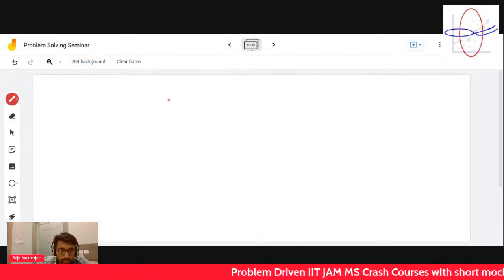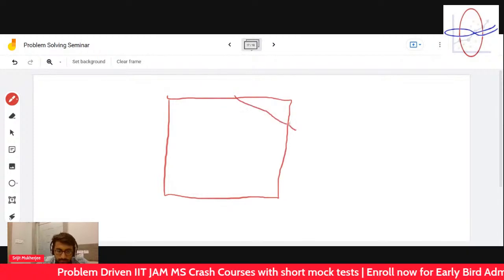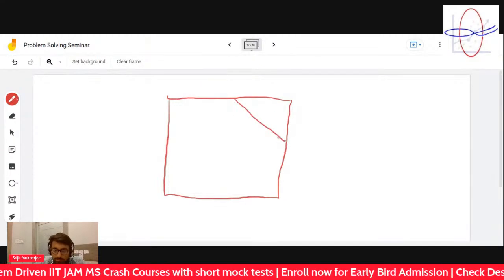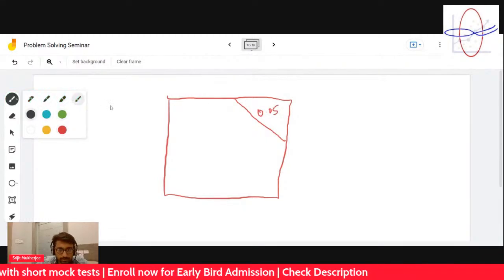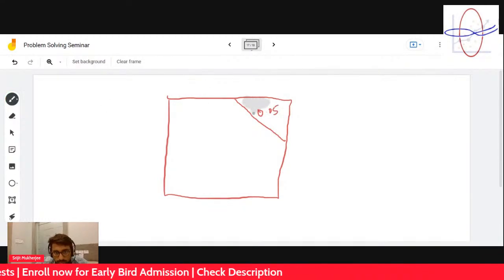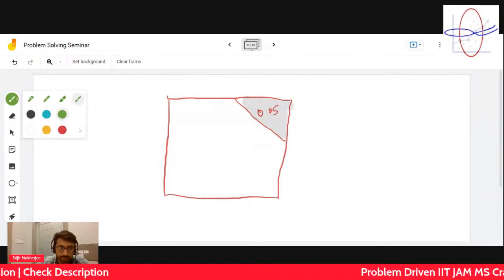So this is the rejection region. We have got this C at the 0.05 level, the size. This is the rejection region, and this is the acceptance region.